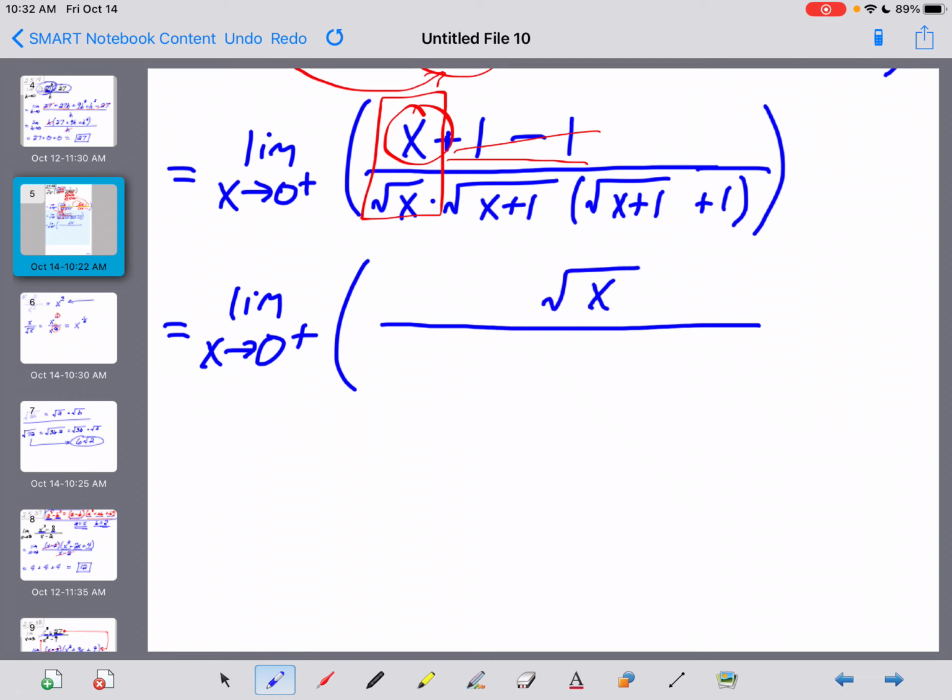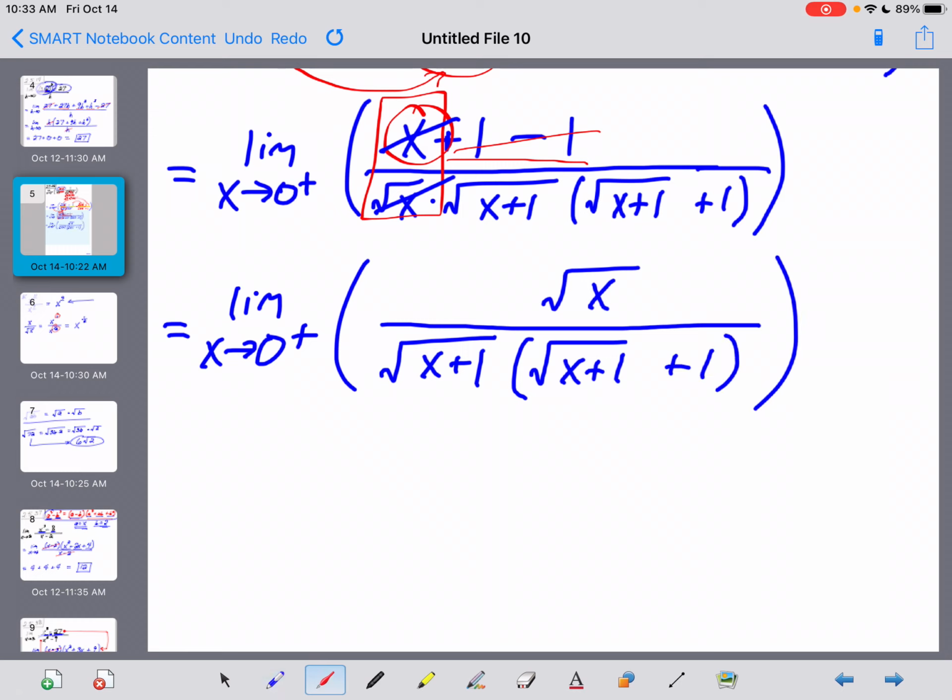That's all you get in your numerator now, but that took care of this and this. Everything else in the denominator is going to stay because I think that's okay when we actually substitute 0 for x. So we have the square root of x plus 1 times, in parentheses, another square root of x plus 1 at the end of all that.